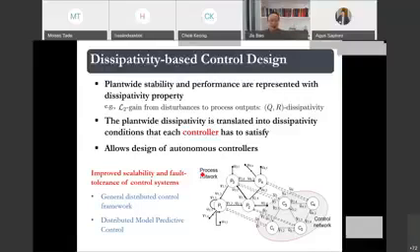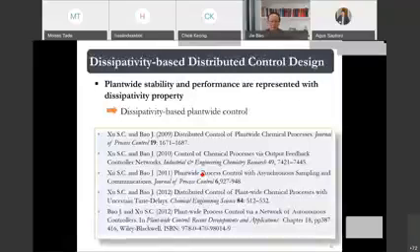Okay, so with this idea, we developed both the general distributed control framework and the framework for the distributed model predictive control. So these are some early studies we had, using the plant-wide stability and performance represented using the dissipative properties to do the control design.